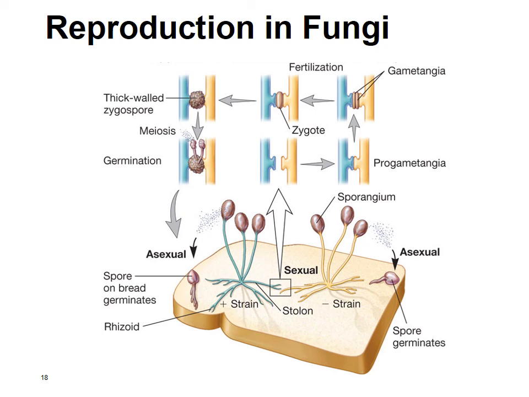These are opposite mating types, and they're traditionally referred to as plus and minus strains because they're not morphologically distinguishable as male or female. So when the two mating strains are close together, then hormones are produced that cause their hyphae to form projections called progametangia. And then these mature into gametangia.